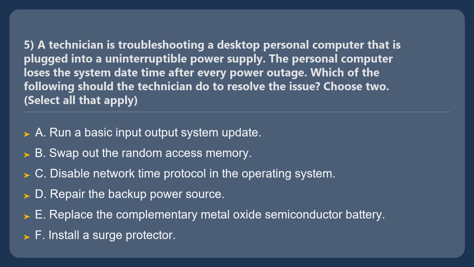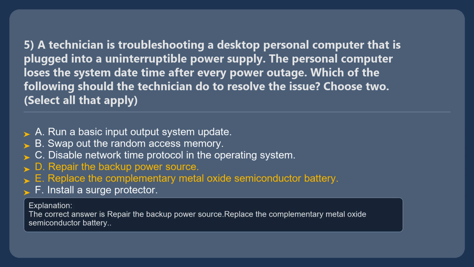Option D. Repair the backup power source. Option E. Replace the complementary metal oxide semiconductor battery. Option F. Install a surge protector. The correct answers are options D and E. Repair the backup power source. Replace the complementary metal oxide semiconductor battery.